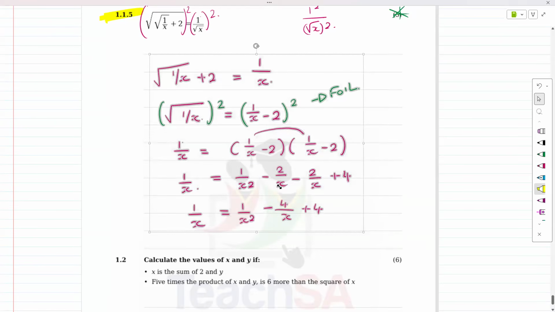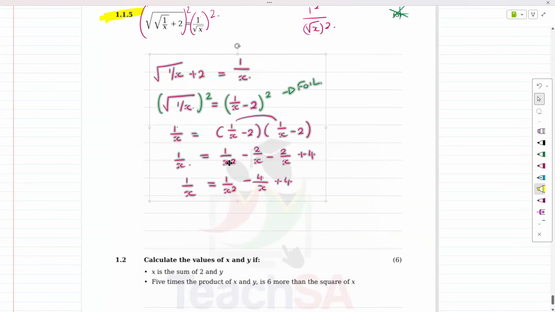Now, guys, don't forget about that part because we need to take it over. Let me just simplify this as far as I can. So, don't forget about this part here. Sorry, wrong one. This one here, because they're like terms.